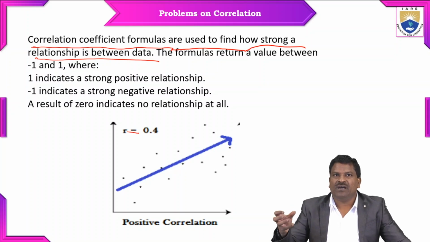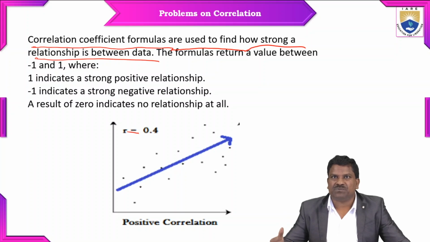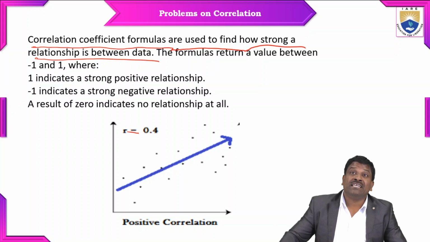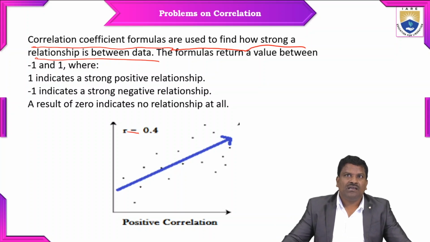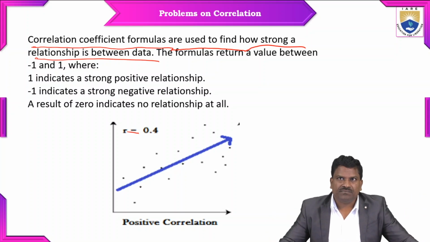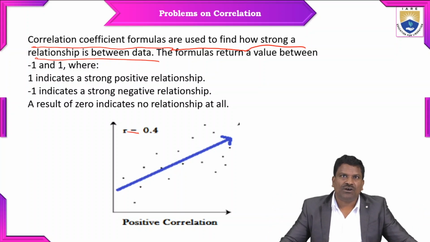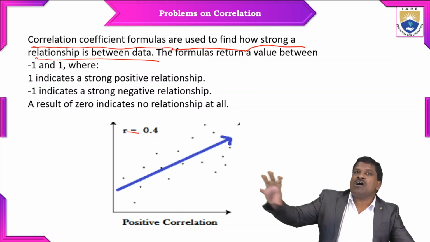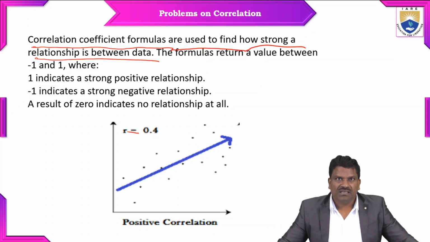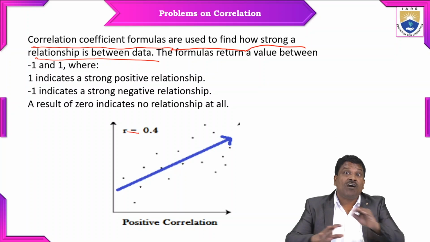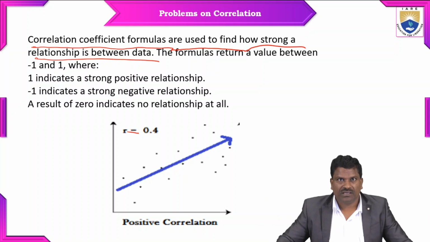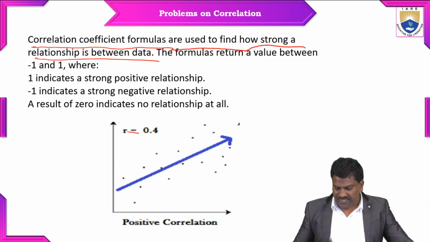If that R value is very small, a very weak relationship is there, like that we will analyze. The formula gives a value between -1 and +1. So 1 indicates a strong positive relationship. -1 indicates a strong negative relationship. A result of 0 indicates no relationship at all. So these we have to keep in mind.